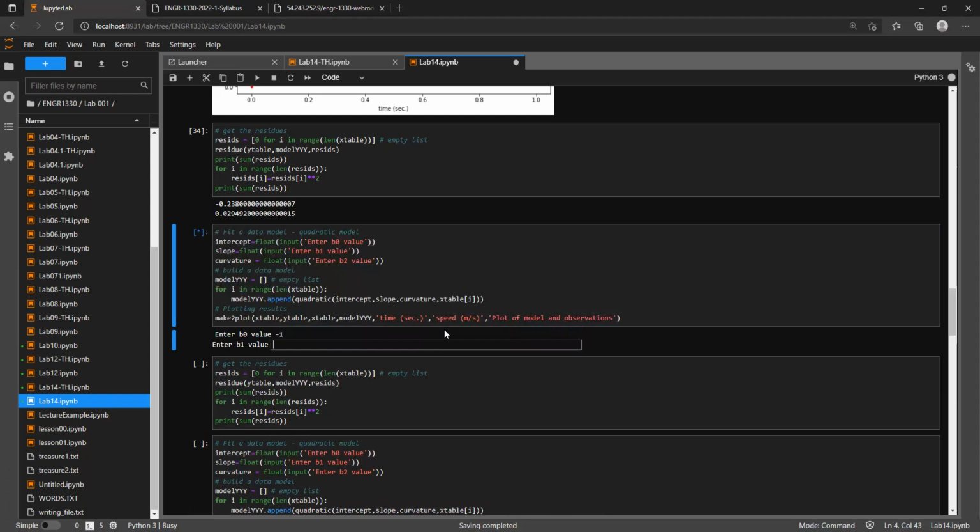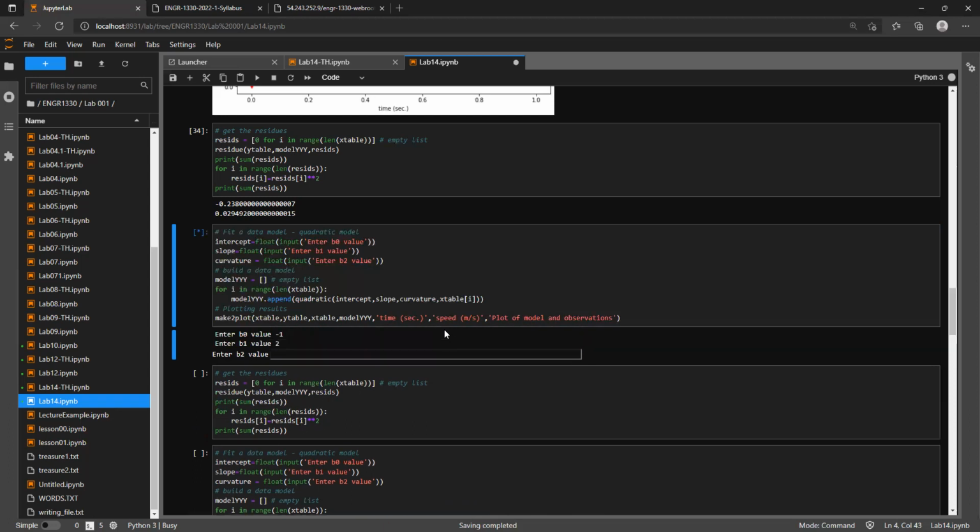So -1 as a b0. Anybody got, okay, 2? Anybody got a curvature? Uh, 0.5, I can do that.